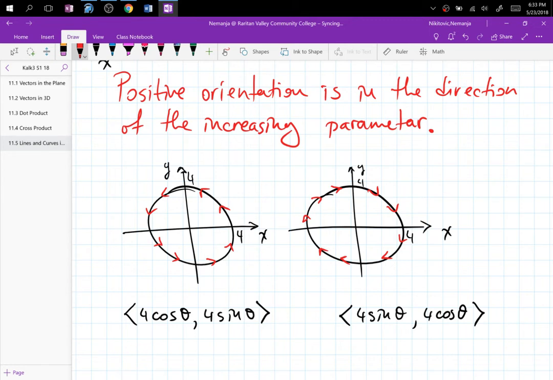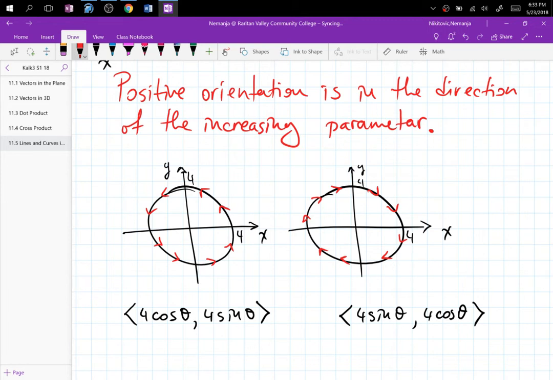So I have 0, 4. That's this point. So when I use theta equals 0, I have this point. When I use pi over 2, I get that point. If I use pi, I will get this point. It doesn't take too much brain power to figure out that it's this type of motion. Because as the parameter theta goes from 0 to maybe pi over 6, pi over 4, pi over 3, pi over 2, hitting multiple values here, you will always have this kind of progression.